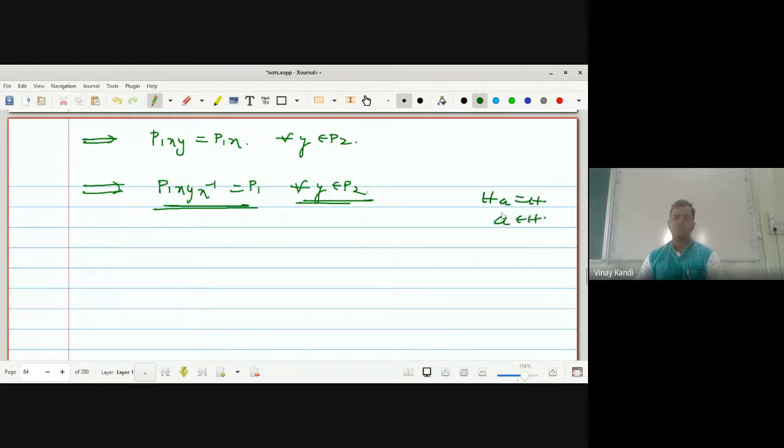So this implies this element X Y X inverse belongs to P1 for all Y belongs to P2. प्रत्येक Y साठी हा स्टेटमेंट काय माझा ट्रू आहे. So this implies X P2 X inverse belongs to P1. Is it correct?